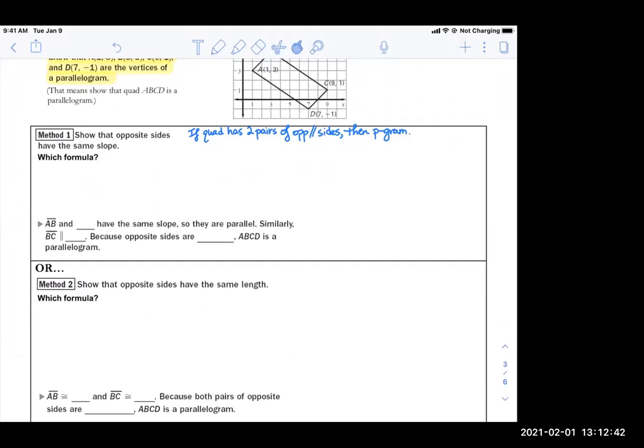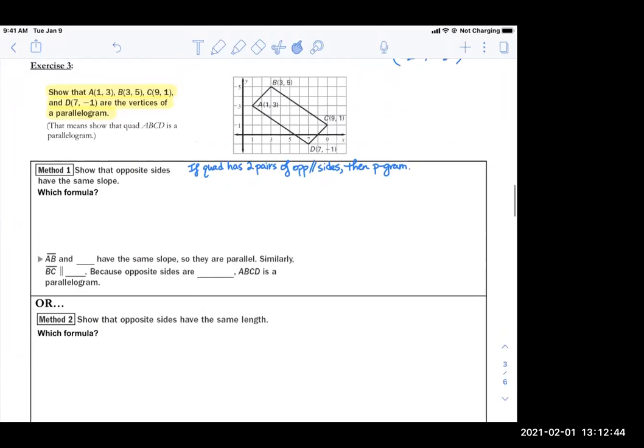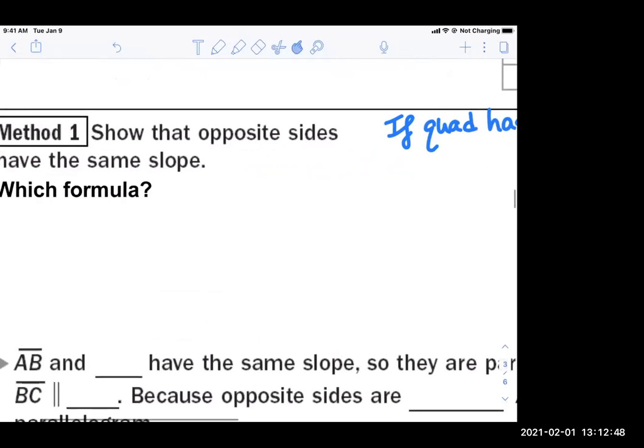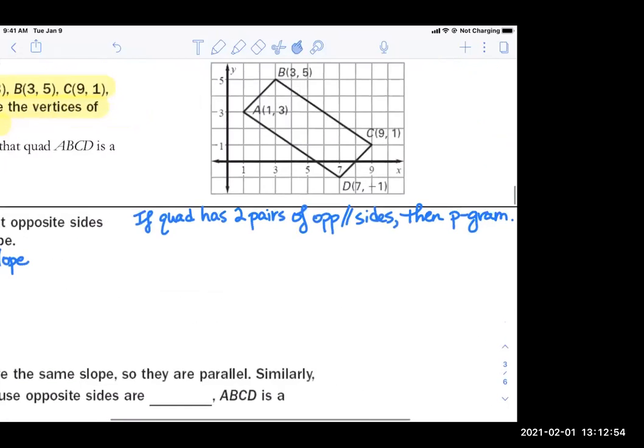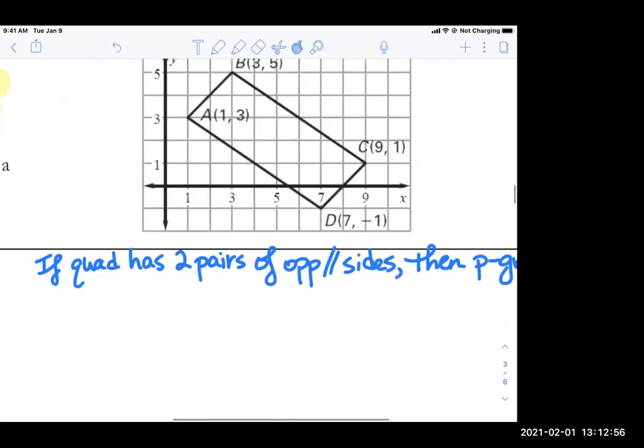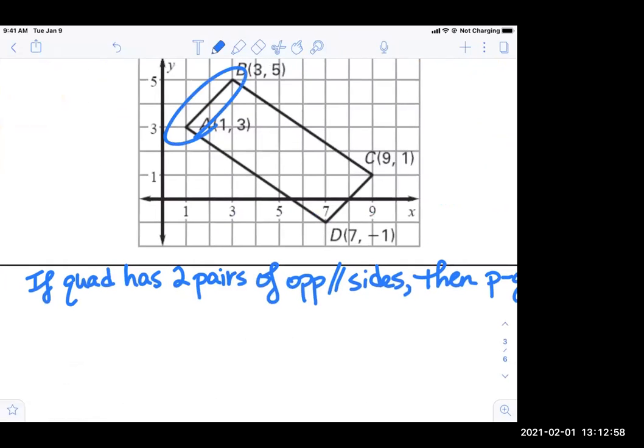So, formula. To show they're parallel, we're using the slope formula, right? It says show that we know it's a parallelogram. We're going to show that the opposite sides are parallel.